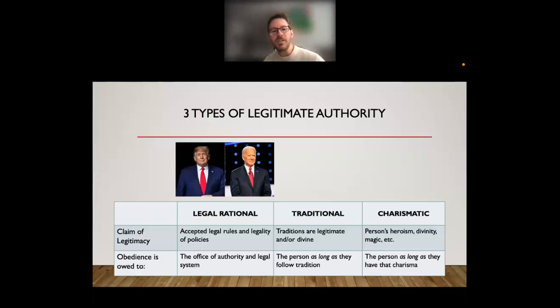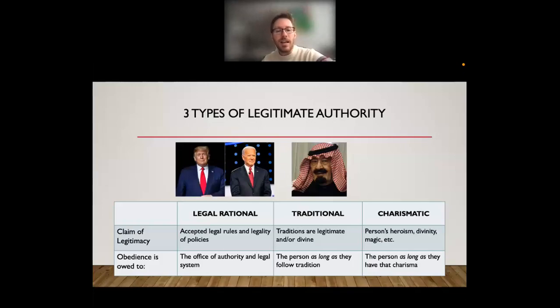A traditional system is one in which traditions are legitimate simply because people accept them as legitimate or because they believe they are divine, and they follow the person in power as long as that person is abiding by tradition. One example is the king of Saudi Arabia, in which he is a total monarch. There is no democracy. It is a complete monarchy.